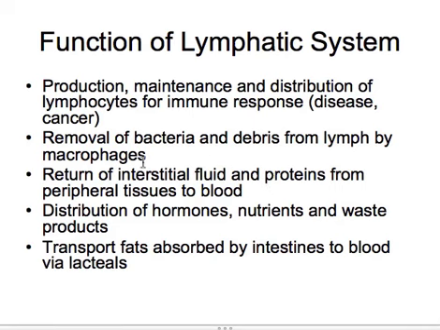So the lymphatic system is a very important connector between your tissues and your blood to restore the fluids and proteins that were lost out of your blood into the tissues.